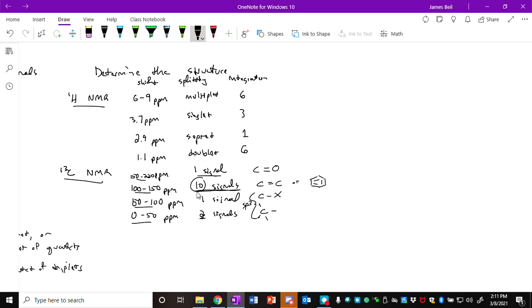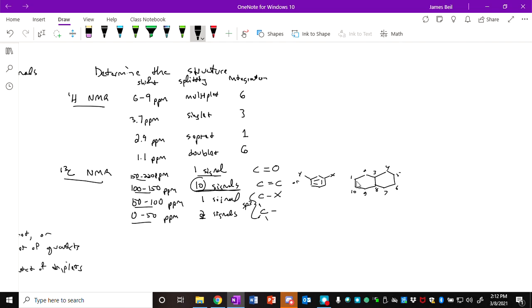If I've got 10 of them, I can't just have one ring, because even if each carbon were different, like maybe I had some substituents here that are different, so the ring's not symmetrical and each carbon of the ring is unique, that would still only give me a maximum of 6 signals, not 10. So maybe I'm looking at trying to fuse a couple rings together, because that would give me 1, 2, 3, 4, 5, 6, 7, 8, 9, 10 carbons.